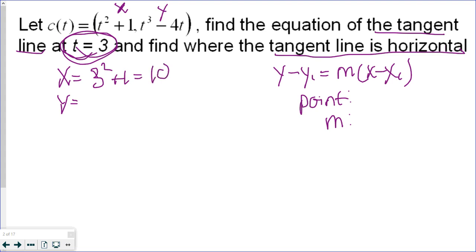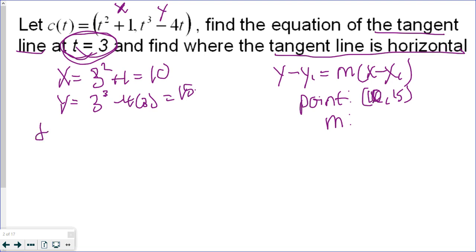And for y, it's t cubed minus 4t, or 3 cubed minus 4 times 3, which I believe is 15. So I got my point. My point is 10, comma 15. And now the new part is finding the derivative.